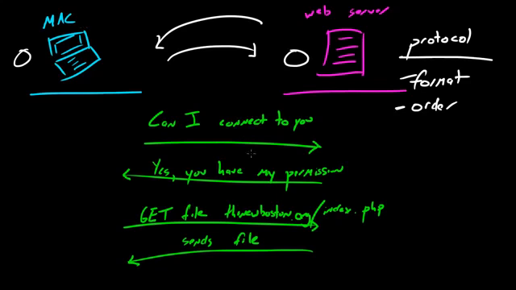So of course, if this Mac asked for a file before it even had permission, this exchange wouldn't work. Or, if the web server was trying to send a file and this Mac over here didn't even ask for a file yet, then of course, things would get really messy, and computer networking would not be possible if every web server in the world was just sending random files out. Probably, the internet wouldn't be as successful as it is today.